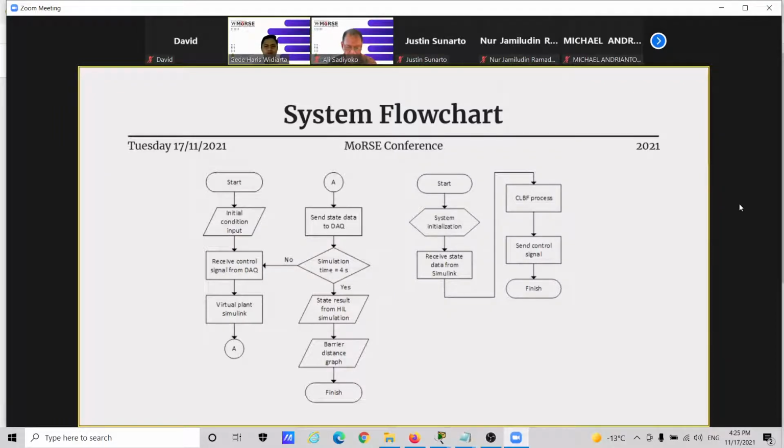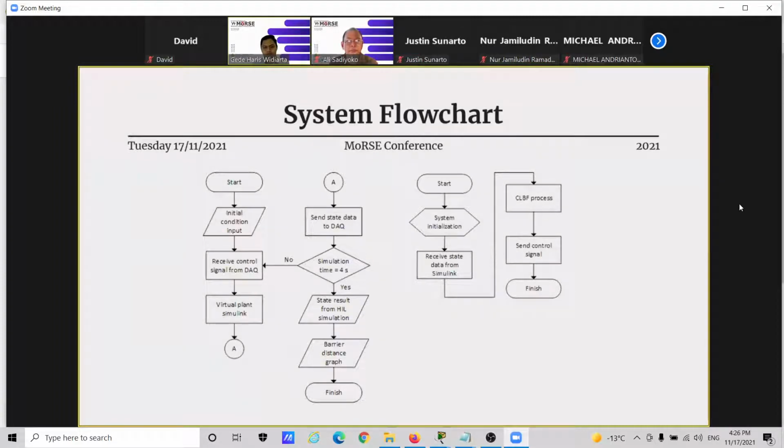Simulink will receive a control signal from Arduino with the help of the AKI device, and then the virtual plant will process and produce output according to the received control signal. In addition, the virtual plant also sends output data to Arduino via the AKI device. If the simulation time runs for 4 seconds, the HIL system will give a stop scope command to visualize the output state and the distance data between the system and the barrier.